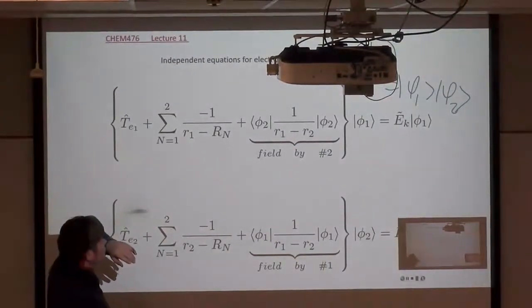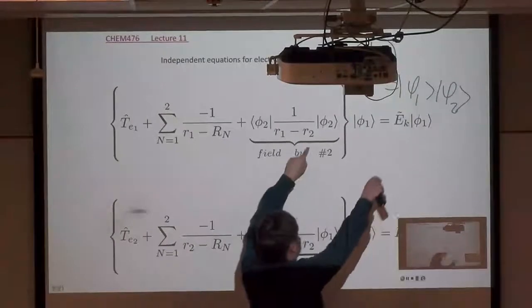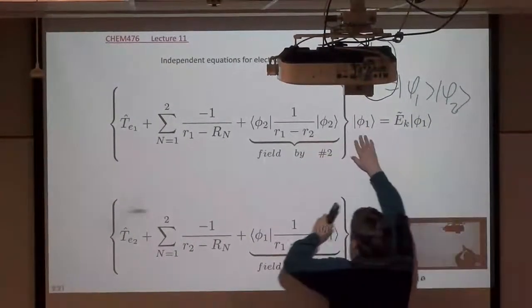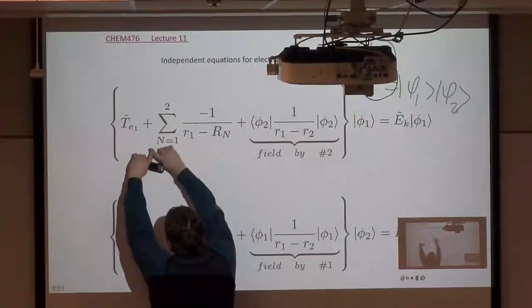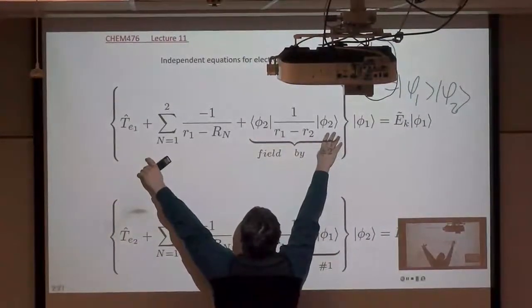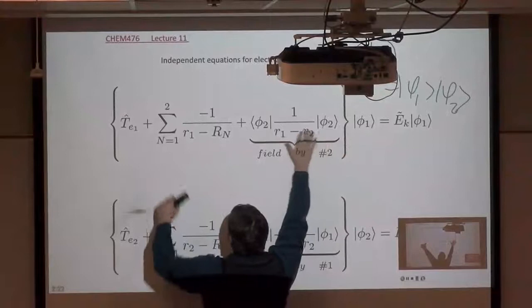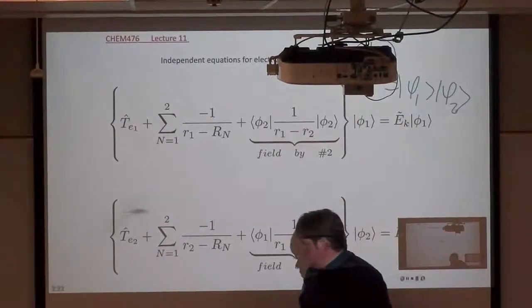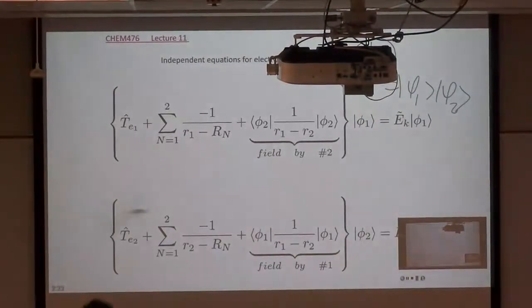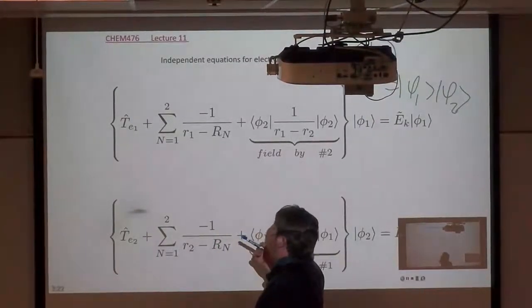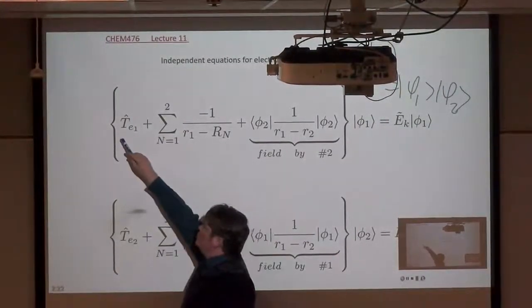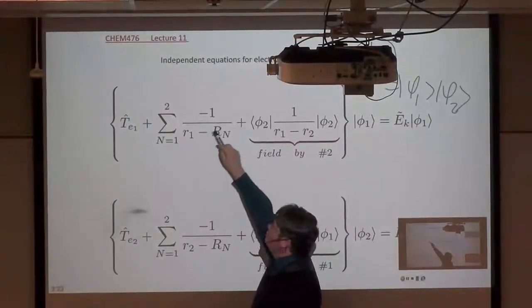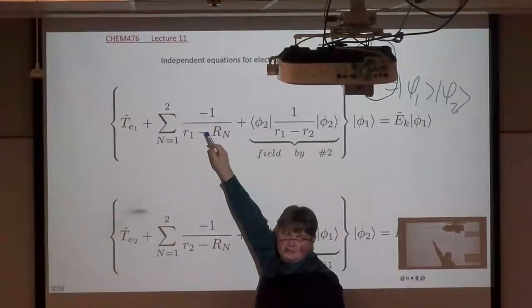So those are equations for the first electron, formulated very similar to the Schrödinger equation, with the difference that in the Schrödinger equation one has only kinetic energy and attraction of the first electron to attractive sites, the nucleus.